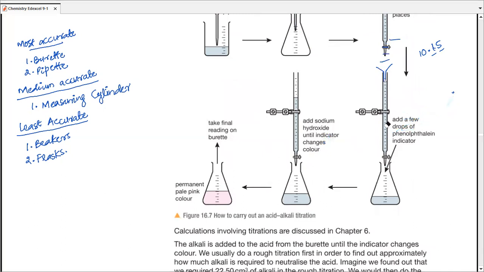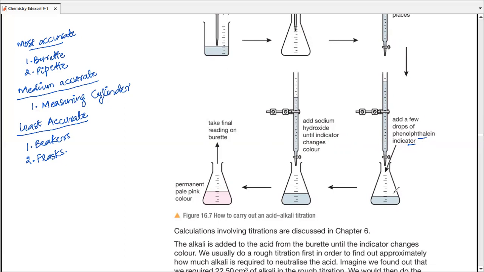So when we move on, the next step we see is that we add a few drops of phenolphthalein indicator, not into this whole system, but directly into the flask. You can use phenolphthalein, methyl orange, methyl red, any indicator you like, but we tend to work with indicators that show a maximum of three colors: one for acidic, one for alkaline, one for neutral.